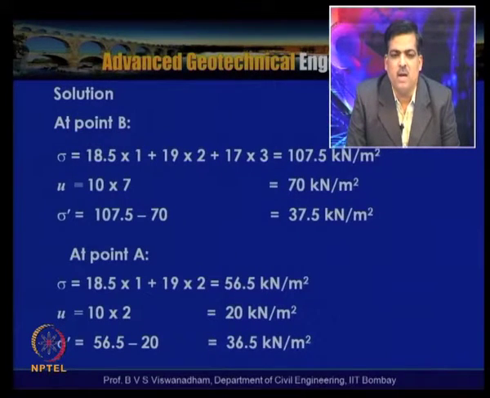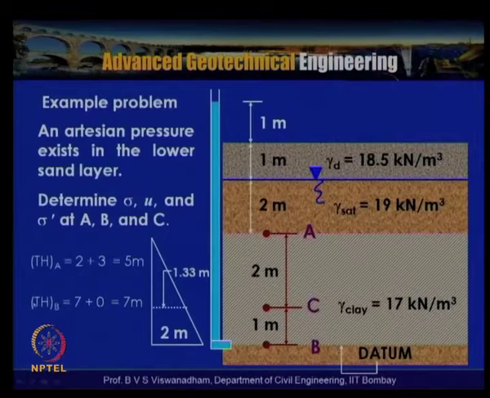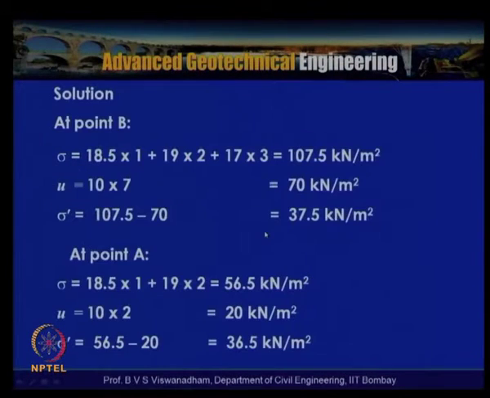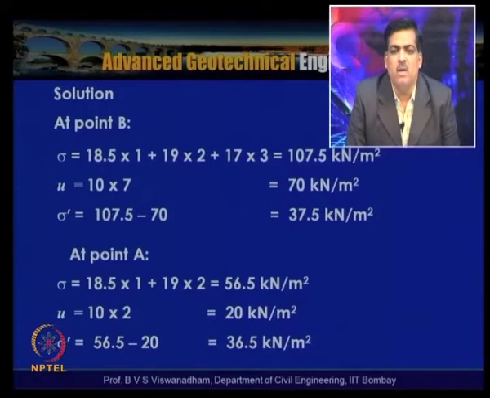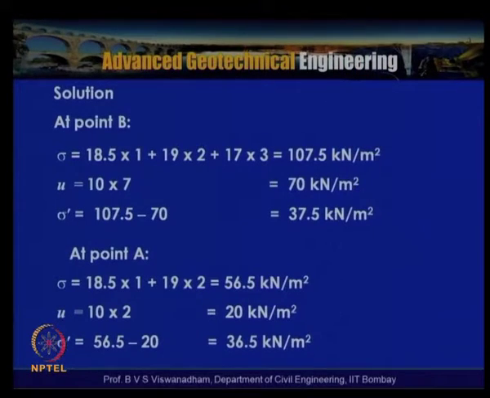And at point A, we can obtain the same. At point A, sigma is nothing but 18.5 into 1 plus 19 into 2, which is equivalent to 56.5 kilonewton per meter square, and U is equal to 10 into 2, which is 20 kilonewton per meter square. So sigma dash is equal to 56.5 minus 20, which is 36.5 kilonewton per meter square.